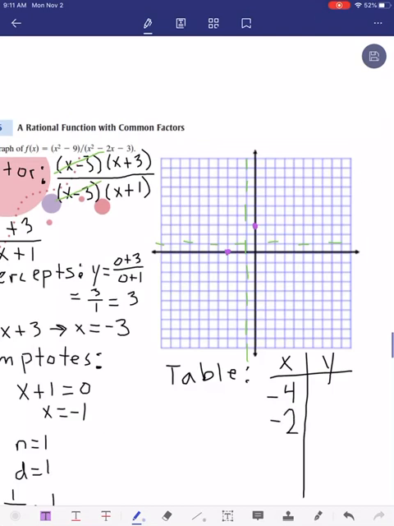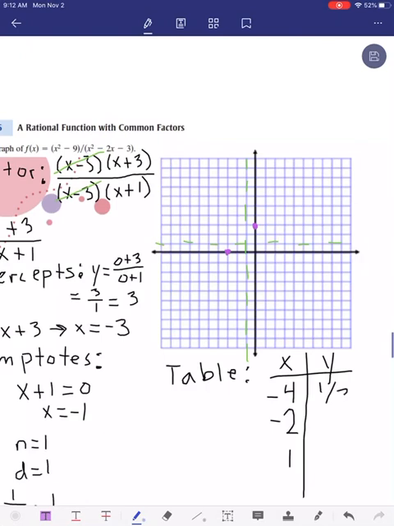And then we need to pick something that is after -1. Now notice that we could pick 0, but we've already had to plug in 0 to find our y-intercept, so we don't really need to use that one again. So what we're going to do instead, I'm going to pick 1, because it's going to give us one more additional point. And now you can either plug those numbers into your original function, or you can plug it into your simplified function. Either way, it's going to give you the same numbers. Your simplified function is just going to be a little bit easier.